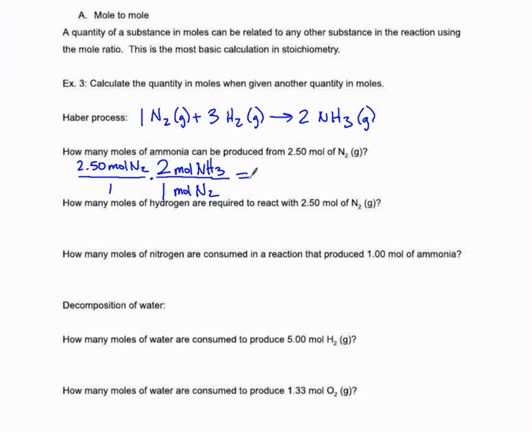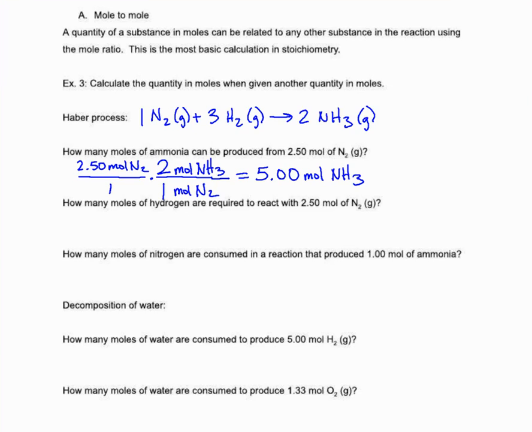Most of the numbers in this section are fairly easy. You could do it without a calculator. Basically 2.5 times 2 with significant figures, 5.00 moles of NH3. Significant figures are something we haven't talked about in a while, but this is where they become important again.